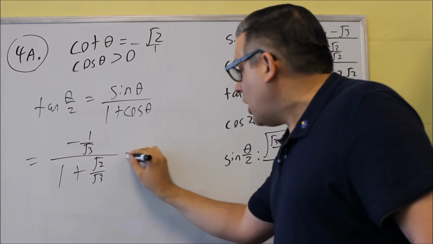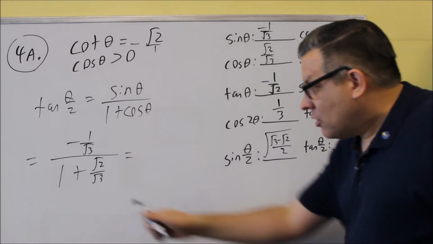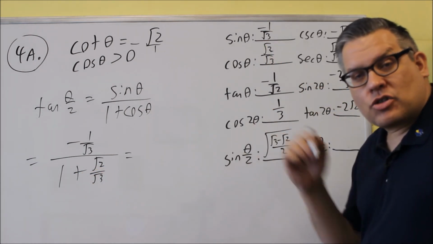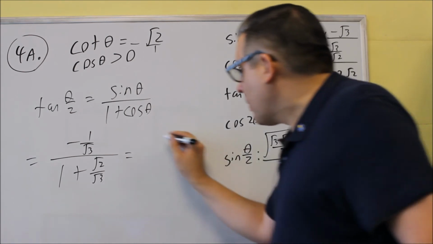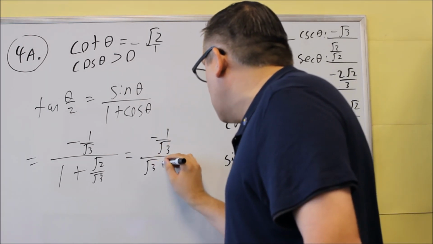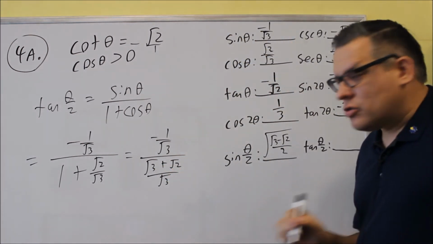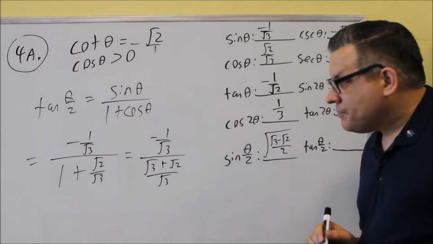And like the last one I did with the sine theta over 2, I want to get common denominators on the bottom. The 1 I'll multiply by square root of 3 over square root of 3. And if I put that together over a single denominator, I get this as a result. Square root of 3 plus square root of 2 all over square root of 3.